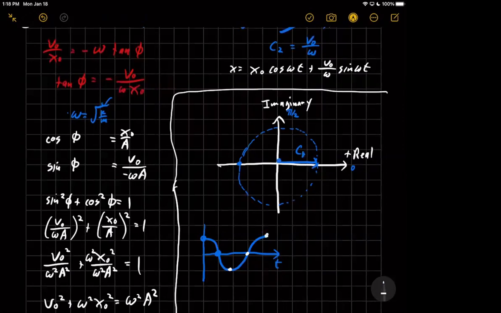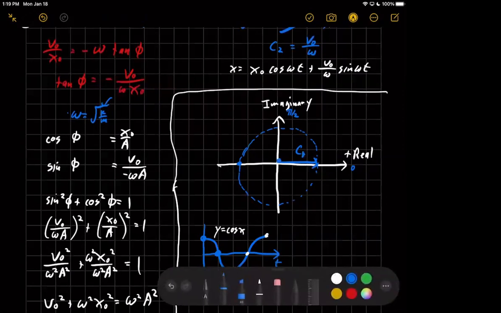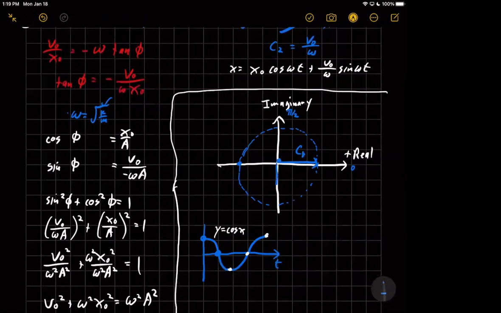Now, where should we draw C2? Well, that's a sine function. So this was y, and if we looked at this, it would look like y equals cosine of x. Now C2 is related to the sine function, so let me draw that down here like this. The reason I drew it down there is because we're going to assume that all rotations go in the counterclockwise direction.